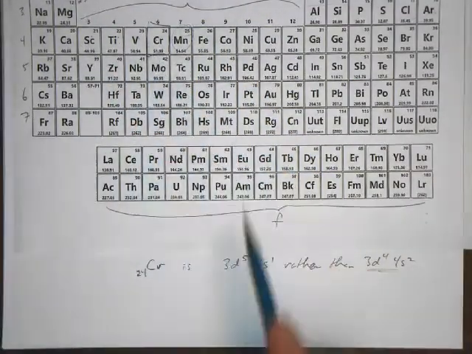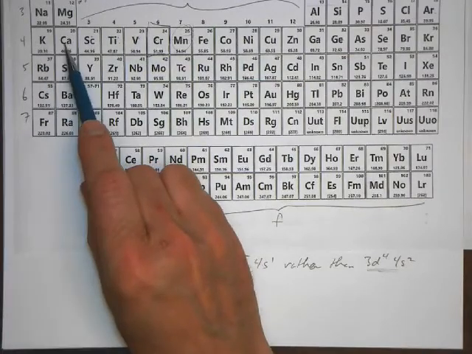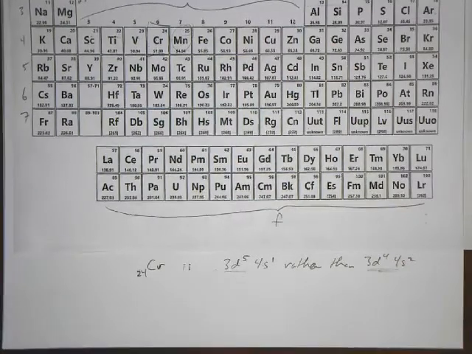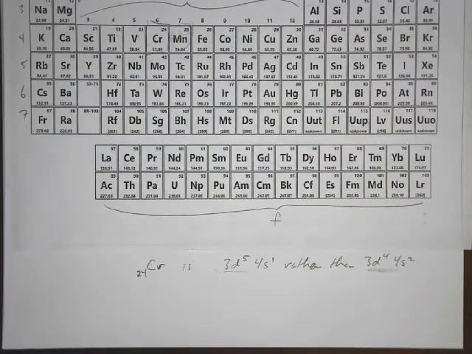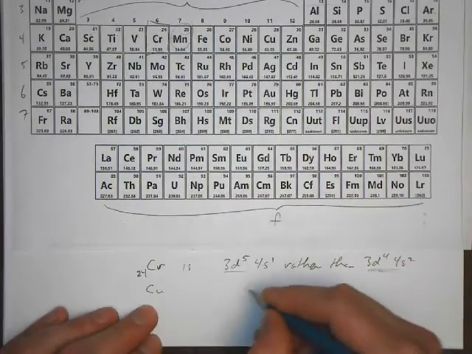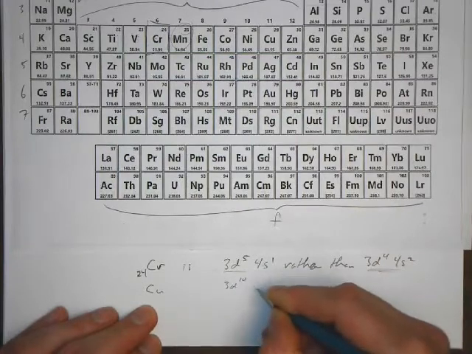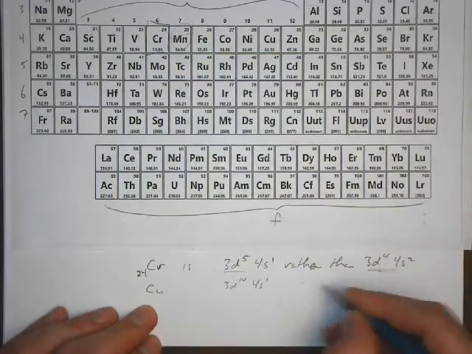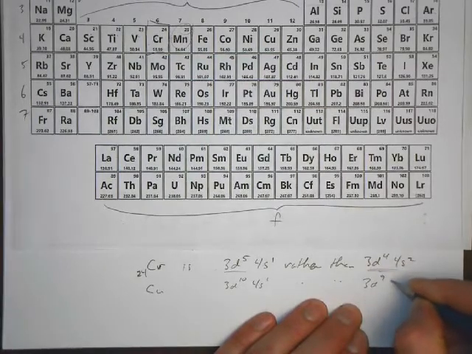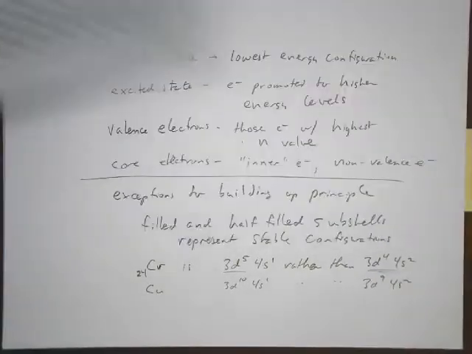So an electron is taken from the 4s, and the 3d orbital is then half filled, and it's exceptionally stable. The same thing happens with copper. Copper is 3d10 4s1 rather than 3d9 4s2.